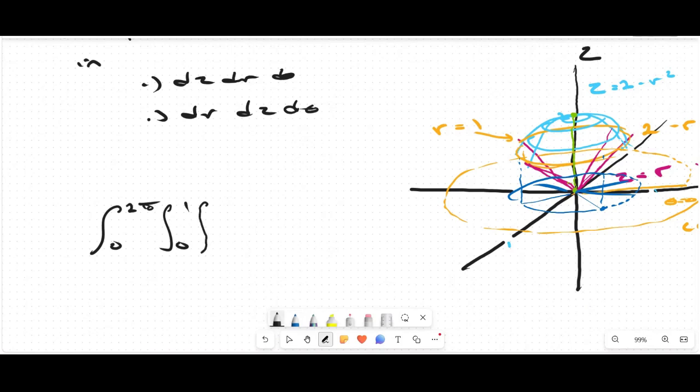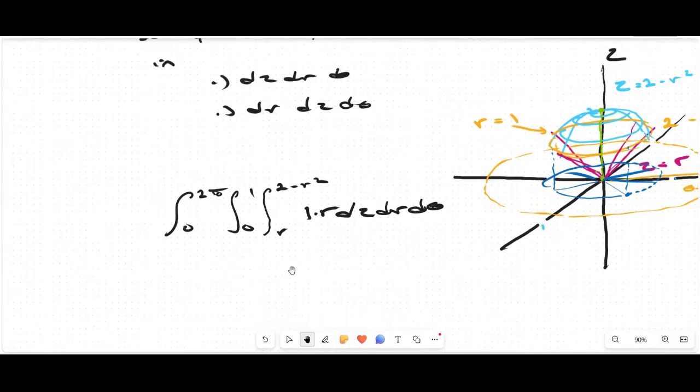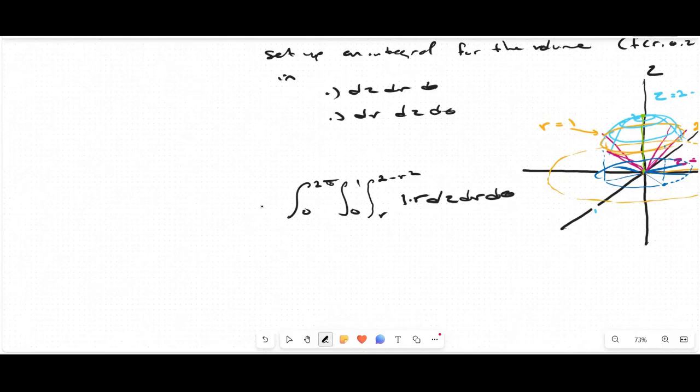The floor for z is r, and the ceiling is 2 minus r squared. They want me to integrate the function 1. I never forget that factor of r, and I've set this up dz, dr, d theta. So that is one way of writing the volume of that top.